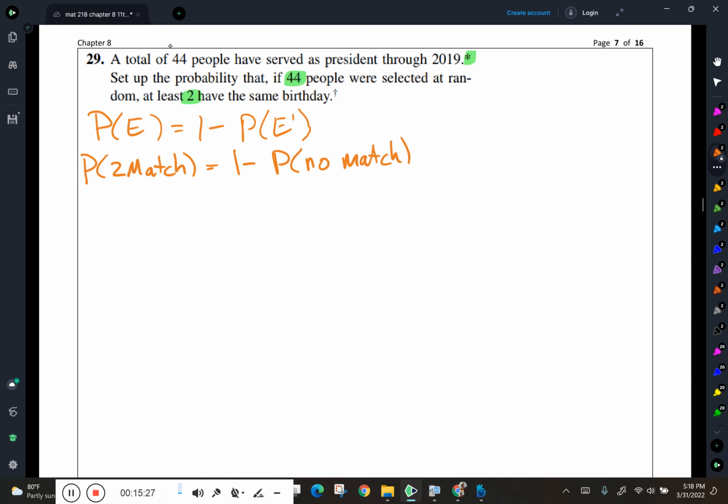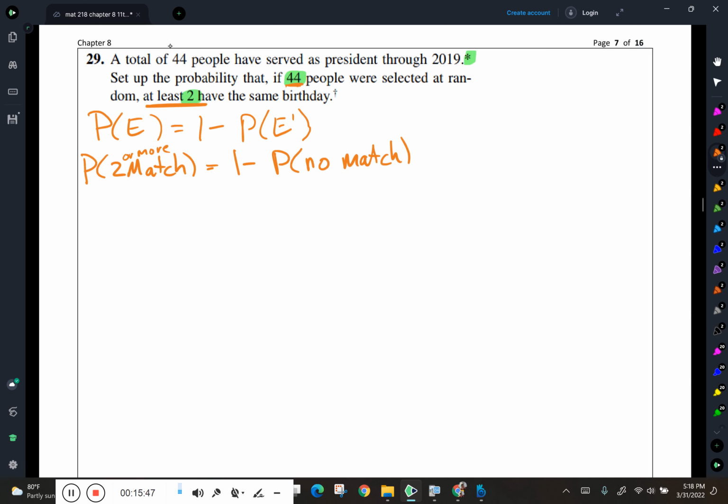Right? The reason I'm using complements is it's not actually 2, it's at least 2. So it's 2 or more. Because technically, in theory, you could get a room of 44 people and they could all have the same birthday. Unlikely, but it could.